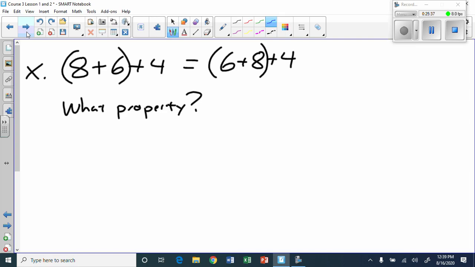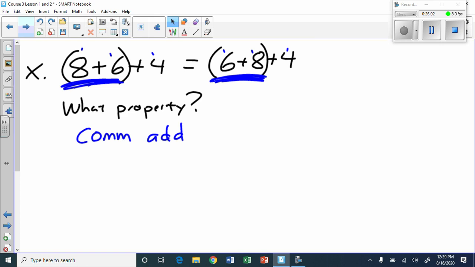Let's take a look. 8, 6, 4, 8, 6, 8, 4. The order has changed. So inside this parenthesis, the order has changed. My group is still the same. So guys, just to be careful, just because of parentheses does not make it associative property. This would be the commutative property of addition. And I think you have that lesson.